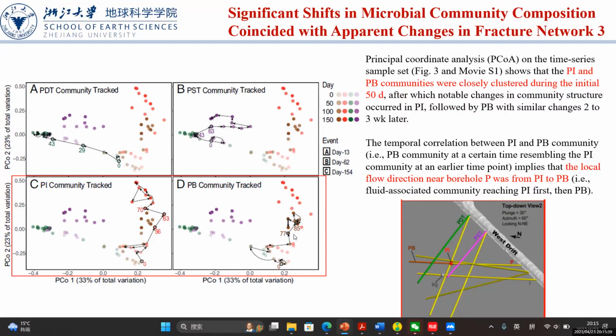But after some notable changes, the PI community went this place earlier than the PB community. So they explain this as there might be some local flow and its direction near borehole P was from PI to PB. So namely fluid associated community reaching PI first, then PB.